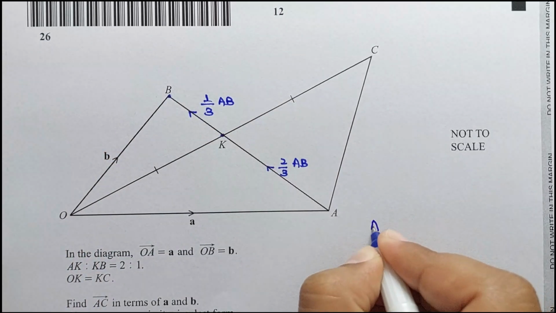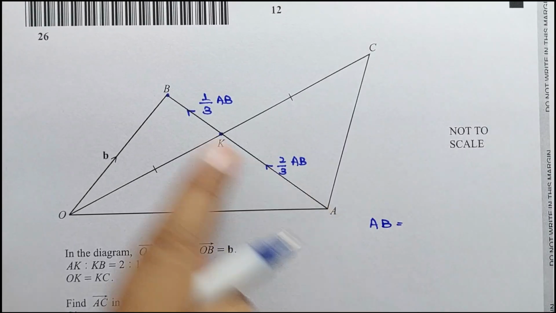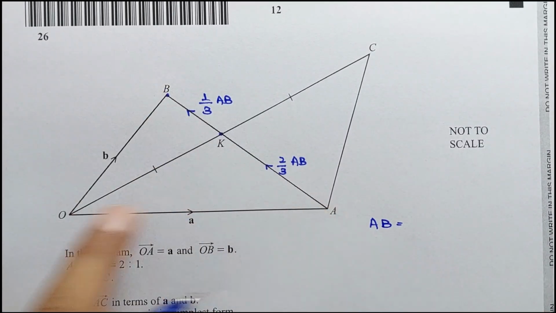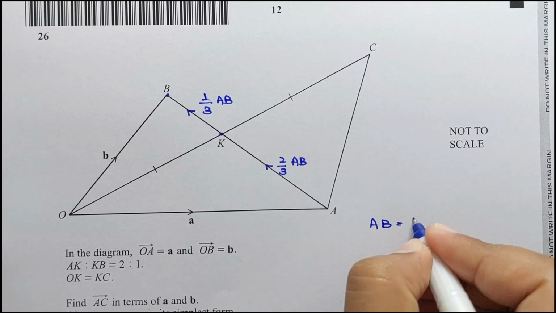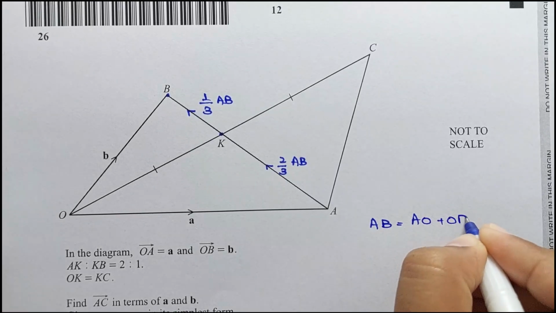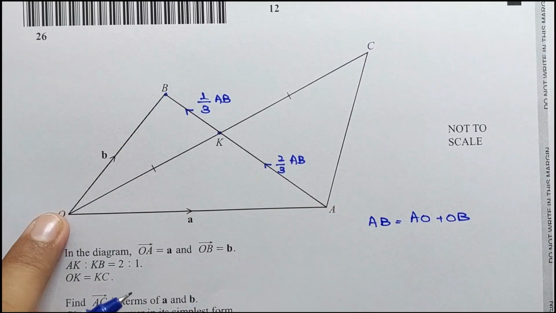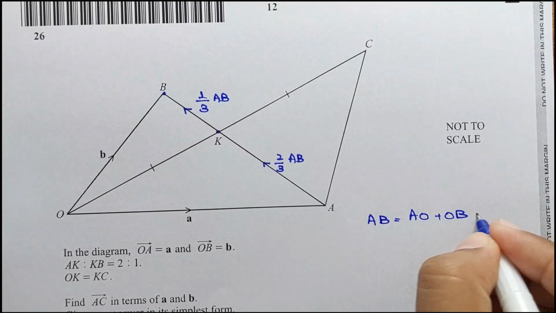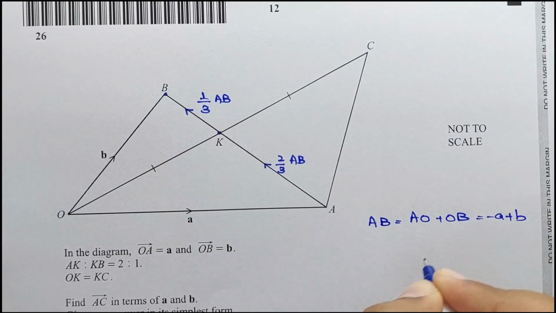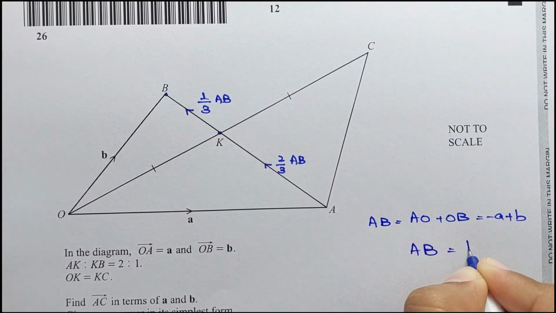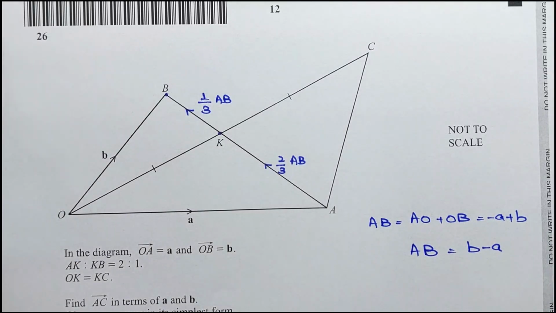And what is AB now? A to B is A to O and then O to B. A to O is minus a and then b. So keep this in mind that AB is b minus a. We will use this.